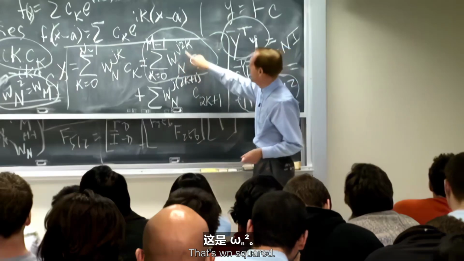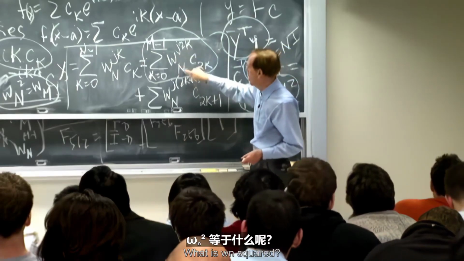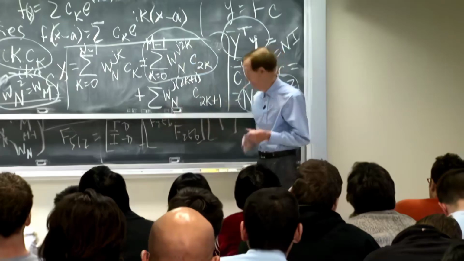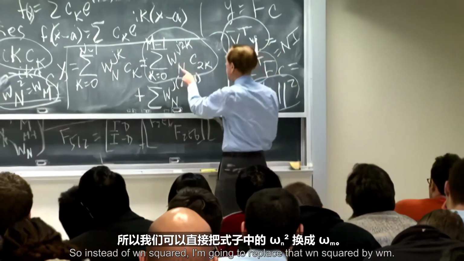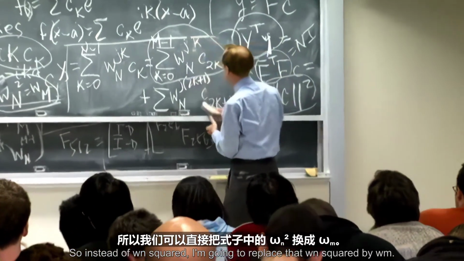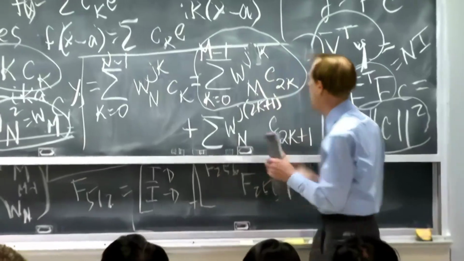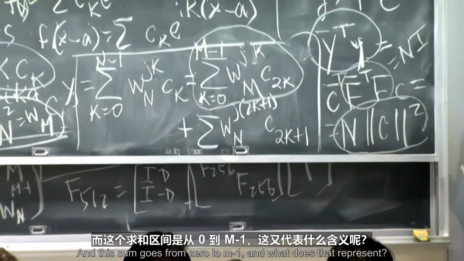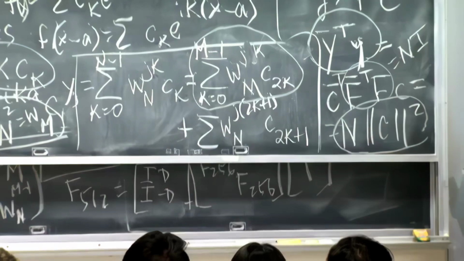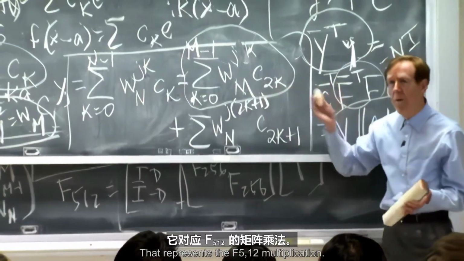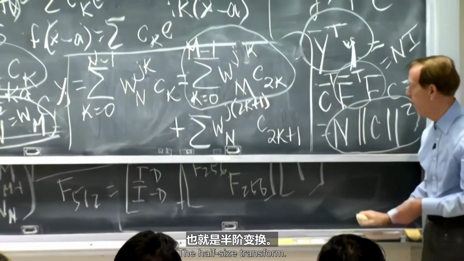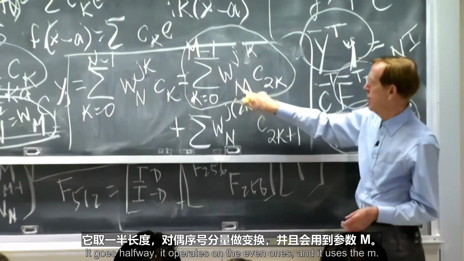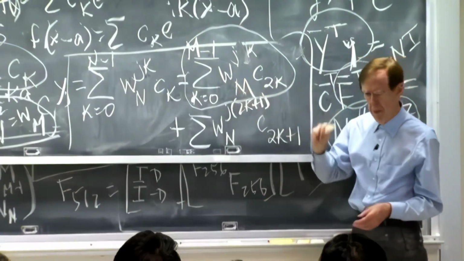That's W_n squared. What is W_n squared? It's W_m. So instead of W_n squared, I'm going to replace that by W_m. And the sum goes from 0 to m minus 1. And what does that represent? That represents the F512 multiplication, the half-size transform. It operates on the even ones, and it uses the m.